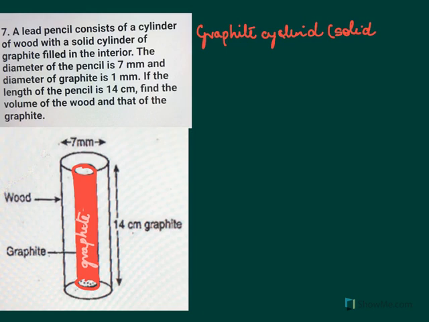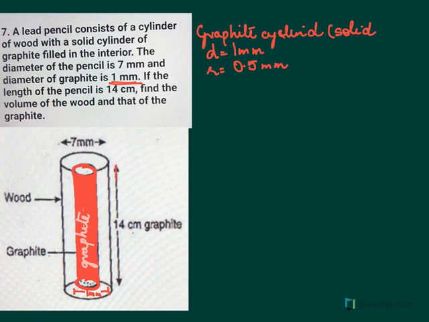The diameter is given as 1 mm. Let's mark it. This is 1 millimeter. So the diameter is 1 millimeter, so the radius will be 0.5 millimeter.